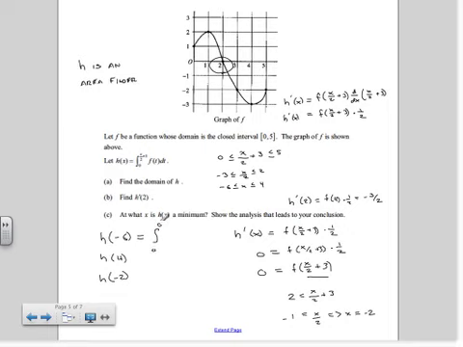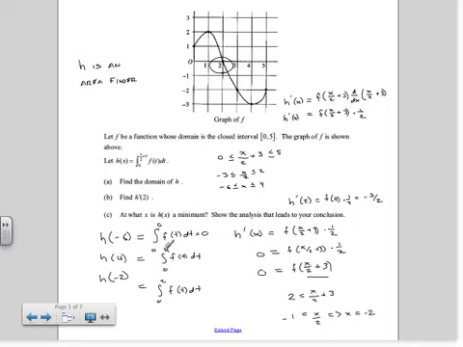This is 0. h of 4 would be the integral from 0 to 5 of f of t dt. And h of -2 will be the integral from 0 to 2 of f of t dt. And sorry, there should have been a 5 here, the endpoint.